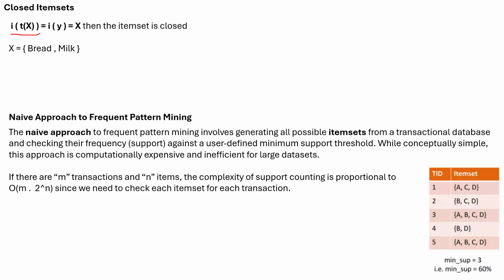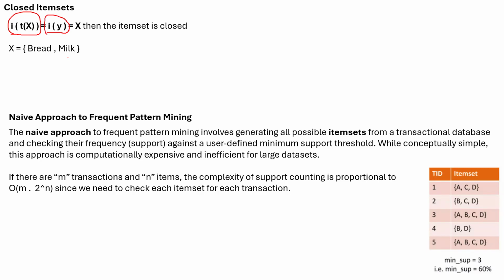T of X, you already know how to calculate this. When given a TID set and you apply I to it, it is nothing but the intersection of items in all the transactions present in the TID set. If I of T of X is equal to X, then that item set is called closed.